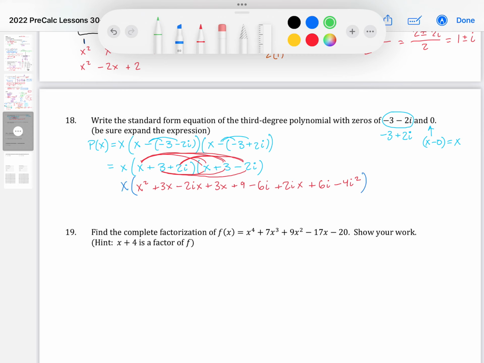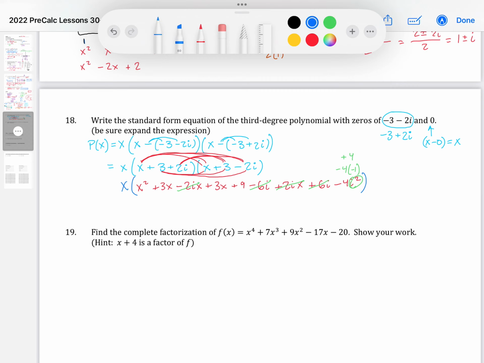Now, if you do this right, all the pieces with i's should cancel. This minus 2ix, this plus 2ix. This minus 6i, this plus 6i. And then this last term turns into negative 4 times negative 1, because i squared is always equal to negative 1. So that's going to end up just being a plus 4.